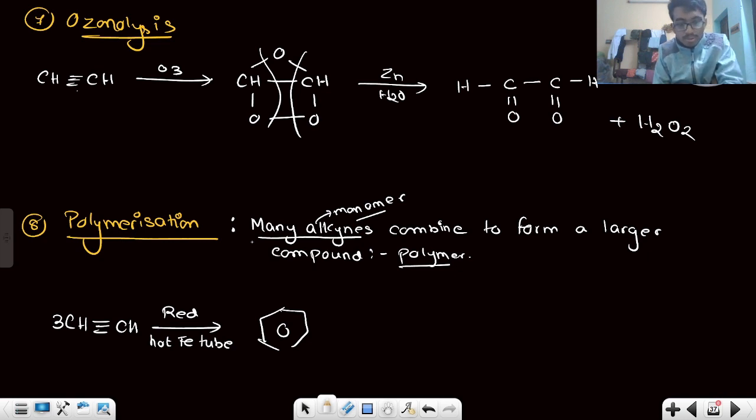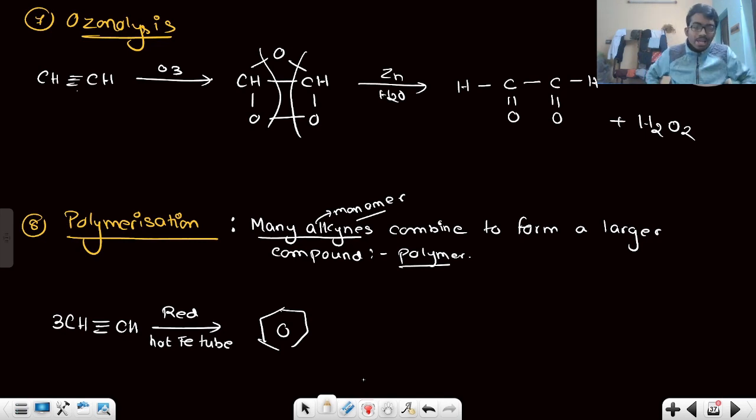Clear or not clear? This is simple and it is a very important reaction, because this generally comes for converting acetylene to benzene directly. If you keep it in a red hot iron tube it will get converted to benzene. This is polymerization: CH triple bond CH are coming together and polymerizing to form benzene. Every alternate bond breaks, that is, one double bond, one single bond, one double bond, one single bond, that's why it is there. Okay, polymerization understood.